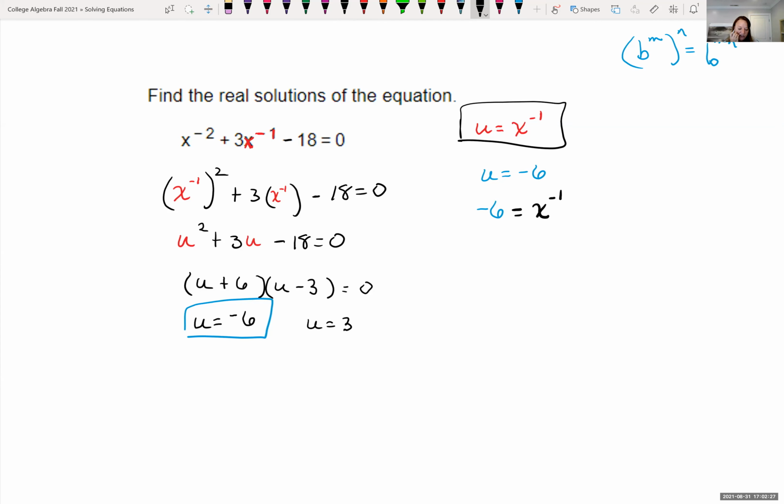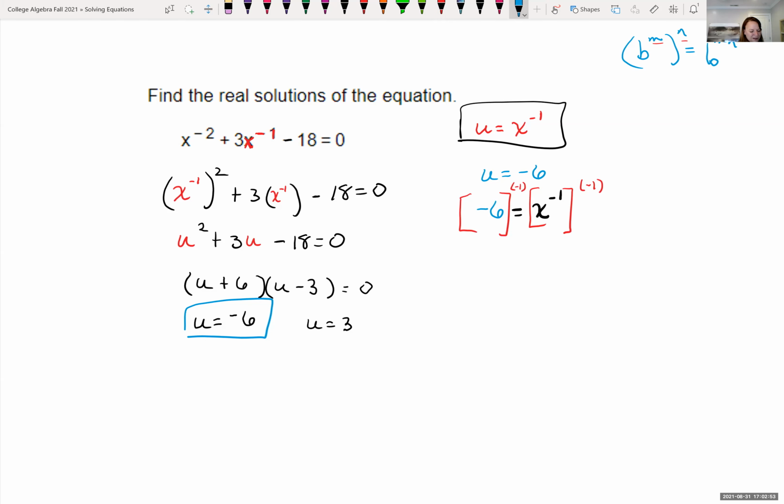A couple ways we can handle this. We could rewrite this without a negative exponent and then solve for x. Or if we do something to one side, we can do it to the other. And remember, power to power is multiplication. So if I want the exponent to be positive 1, I could raise this side to the negative 1 power, which means I have to raise the other side to the negative 1 power too.